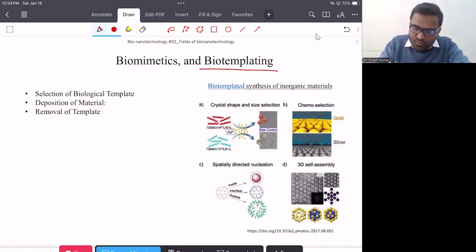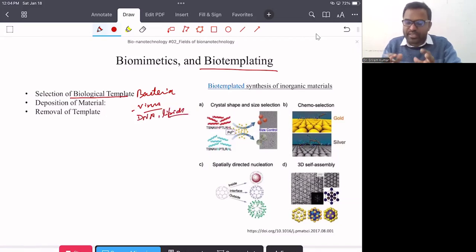Here we can use bacteria, or maybe a virus, or DNA, or lipids as the biological template. Suppose you want to develop a nanomaterial that has the shape of a particular bacterium or virus. In that case, we can use that bacterium as a template, and then we can deposit our nanomaterials on that bacterium or virus.